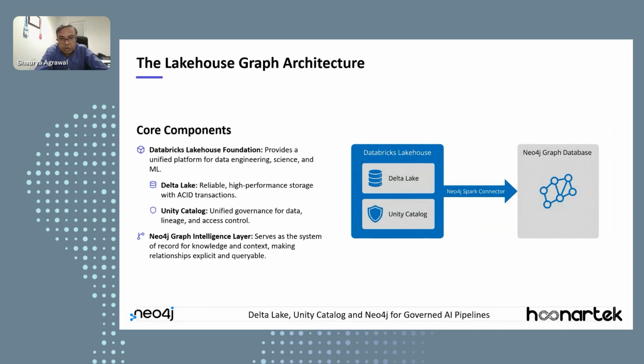The core components that we are going to do a deeper dive on are two components of Databricks, that is Delta Lake and Unity Catalog from the Databricks side, and then Neo4j Graph Database. Now, I'm using Databricks specifically because we specialize in Databricks as a partnership in Hunartech.